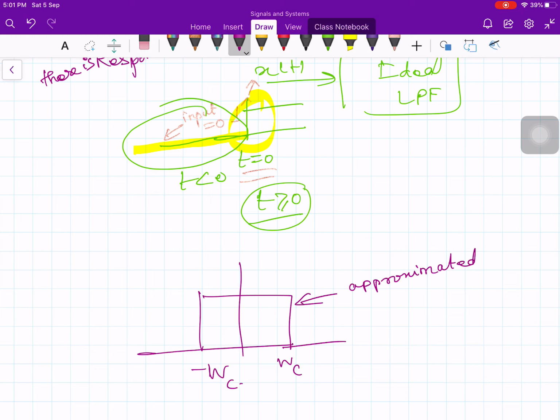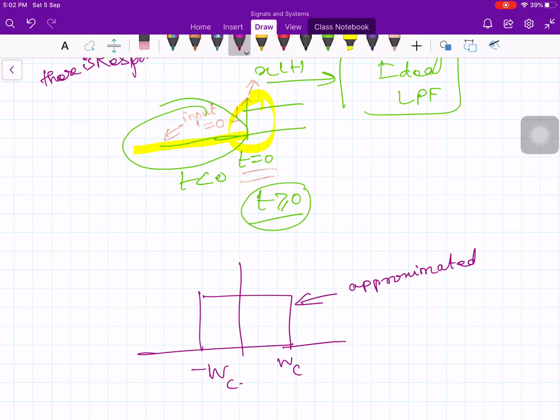It can never be realized in practice, because no physical system can give a response even before the excitation is applied. Without giving the input, how can you expect a system to give the output? It is not at all possible. So this is a non-causal situation, and this is one way of showing that an ideal low pass filter of that particular characteristics is not achievable in practice.